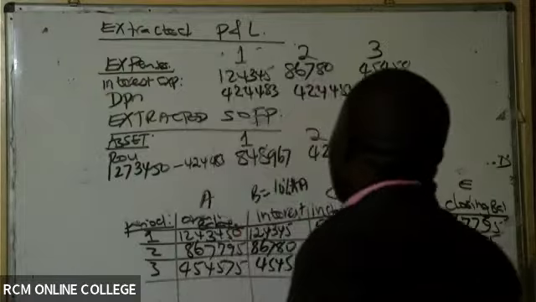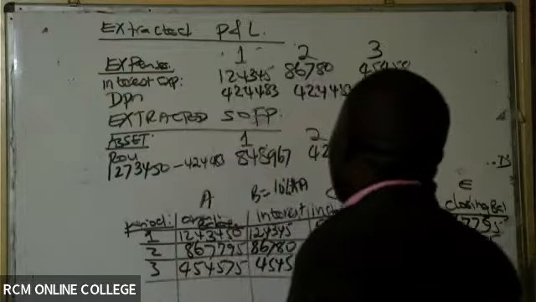Of course, we have here the assets. You guys have done this one, right of use. We have 1, 2, 3. Here we have 848,967. Here we have 424,484. Here now we have 0. From there we go to liabilities.